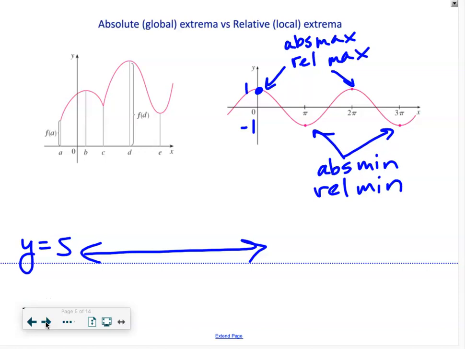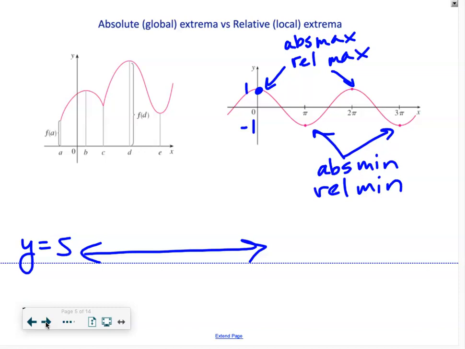So slope is 0, slope is 0, slope is 0, slope is undefined. All four of those spots are critical numbers. All four of those spots were also relative extrema. Every relative max or min has to occur at a critical number.